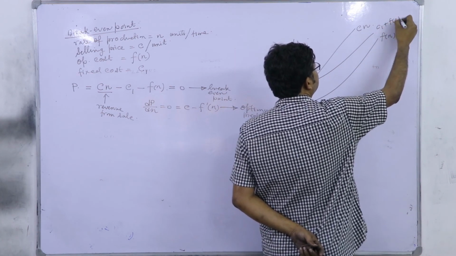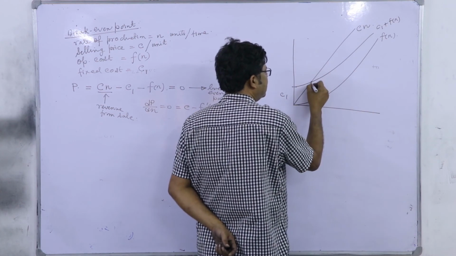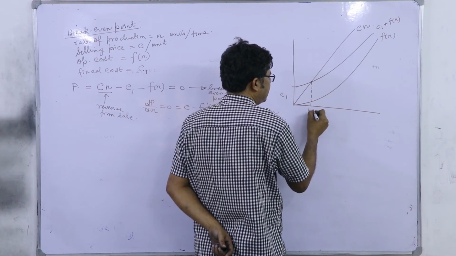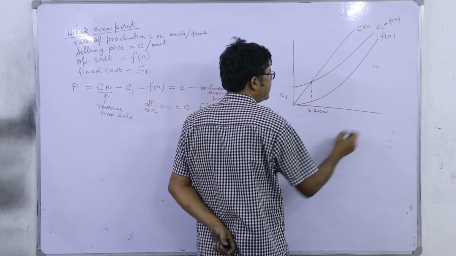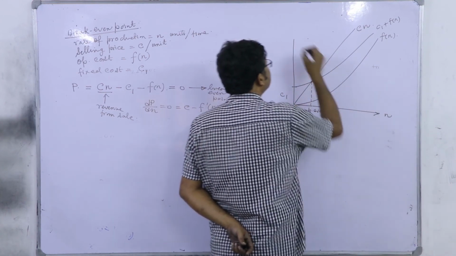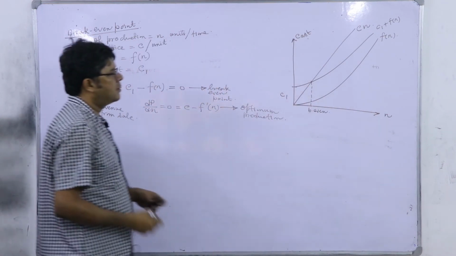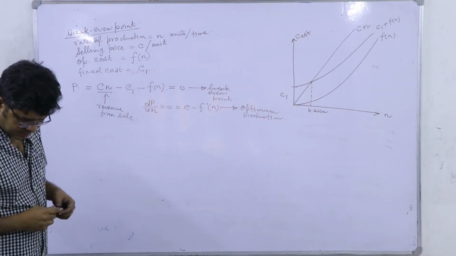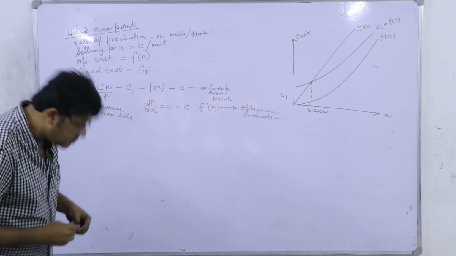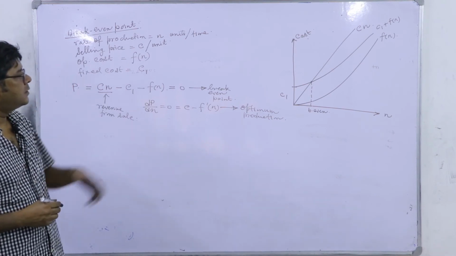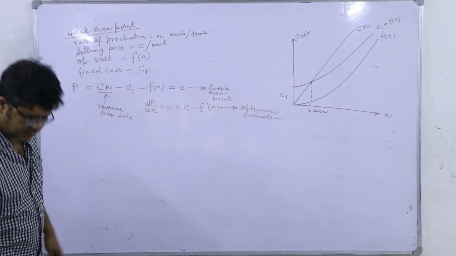Where it intersects, it becomes the break-even. Right. So, that is all about the break-even point.